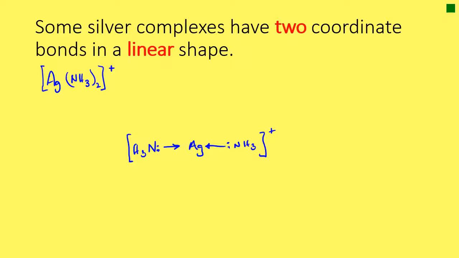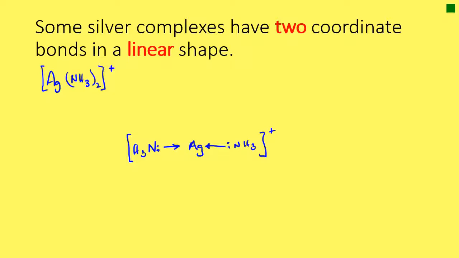Okay, and the last shape that you need to know is just a linear shape, just in a line. When the coordination number is 2, we have 2 coordinate bonds, and an example of that might be Tollens reagent. So let's have a look. Some silver complexes have 2 coordinate bonds in a linear shape, like Tollens reagent.